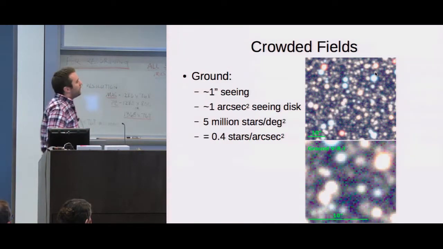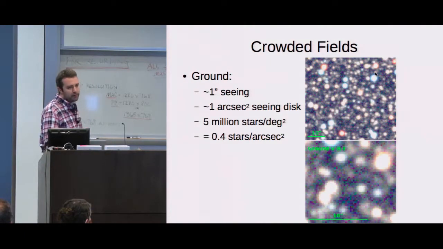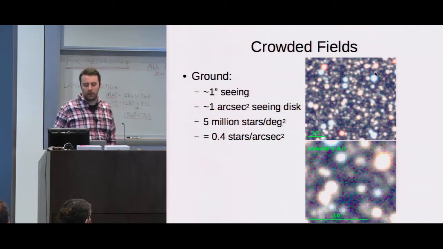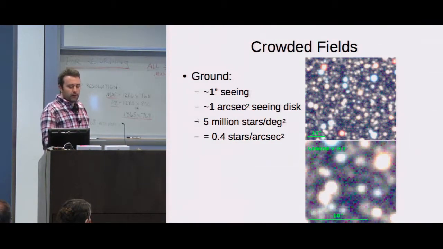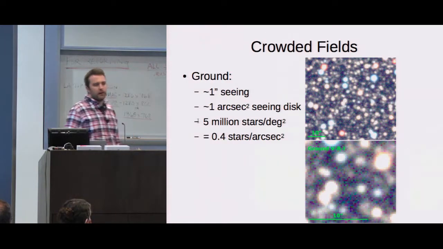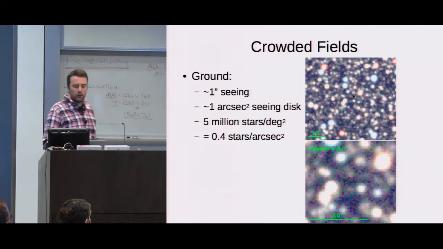The thing that's limiting ground-based surveys from resolving those stars is typical seeing of about 1 arcsecond. That seeing disk has an area of about an arcsecond squared, and then you have 5 million stars per square degree that you're finding. So that corresponds to 0.4 arcseconds per star, roughly. You can see this is a simulated image, but it looks very similar to the one I showed earlier, which was an actual local image.